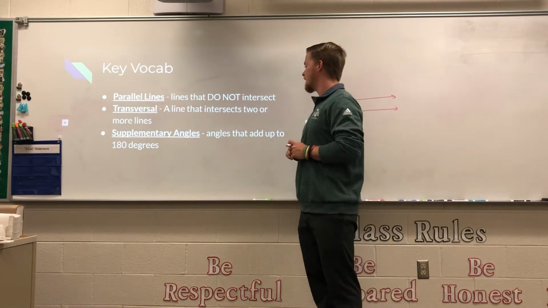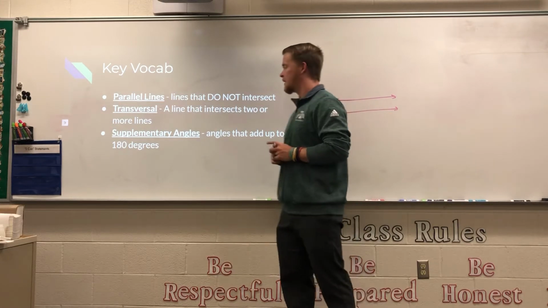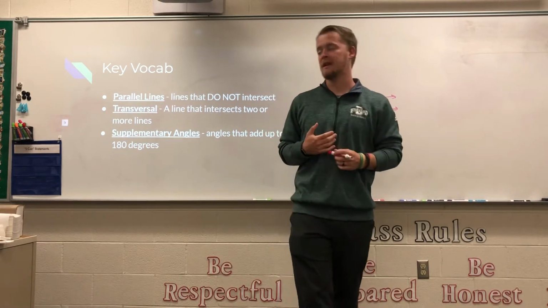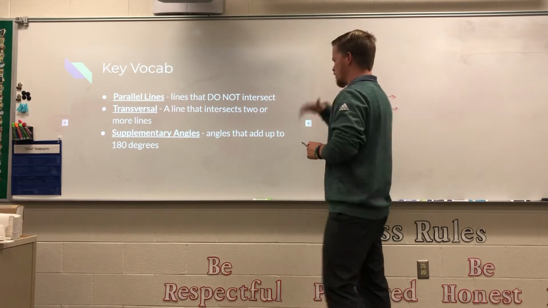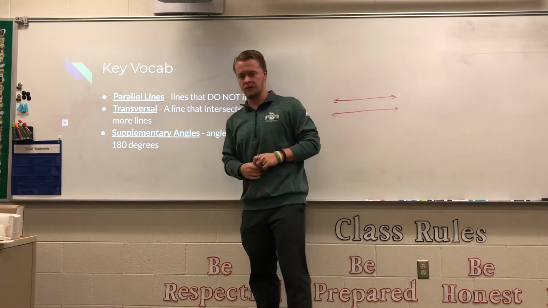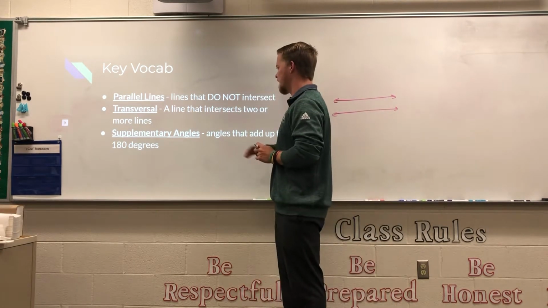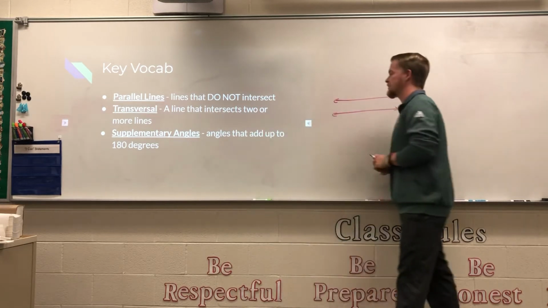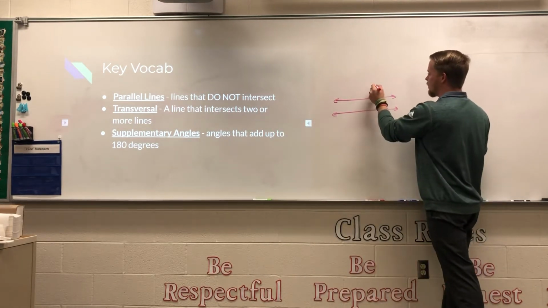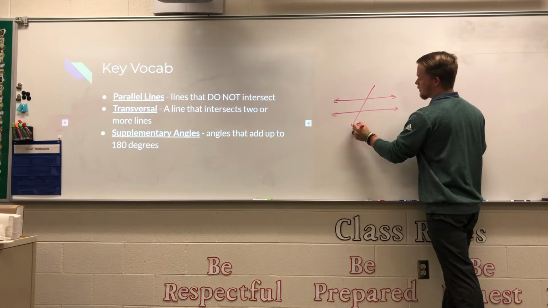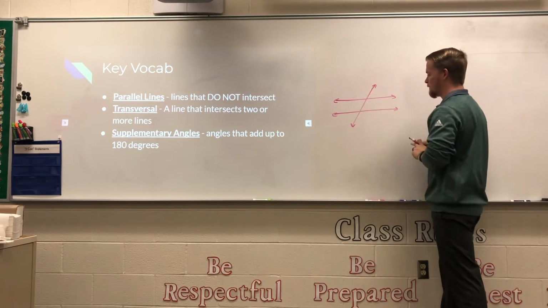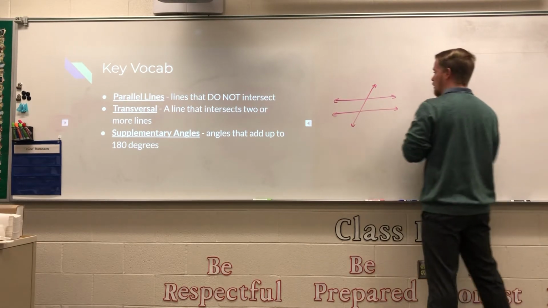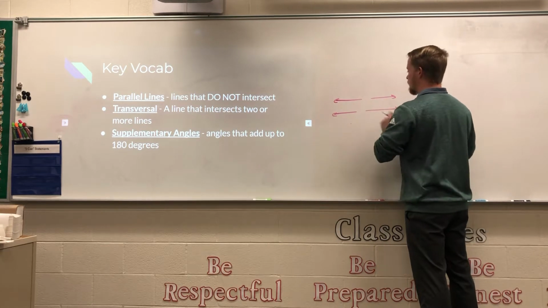A transversal is a line that intersects two or more lines. That's what we're going to deal with in this section. We're talking about transversals, and we'll talk about their angles, which we'll discuss in a bit. But a transversal is a line that intersects two or more lines. So a transversal would look like this. Actually, let me draw that in another color.